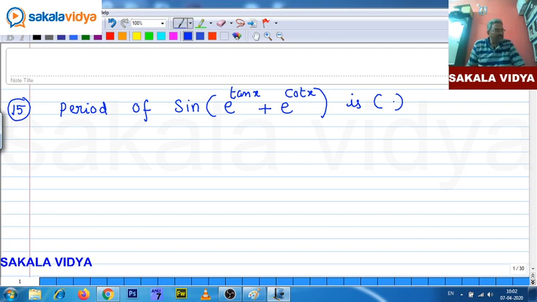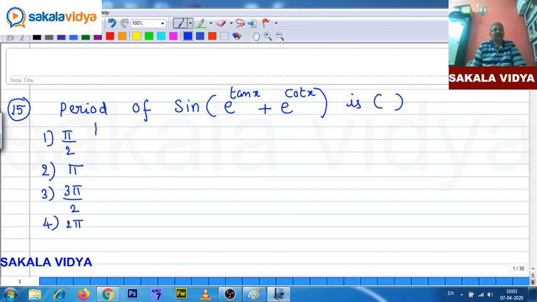Thank you Mallikarjun Sharma. Thank you for your cooperation. First option is pi by 2. Second option is pi. Third option is 3 pi by 2. Fourth option is 2 pi. So this is the question.